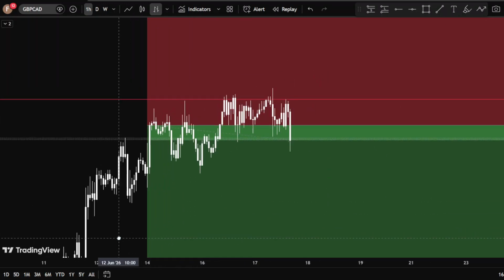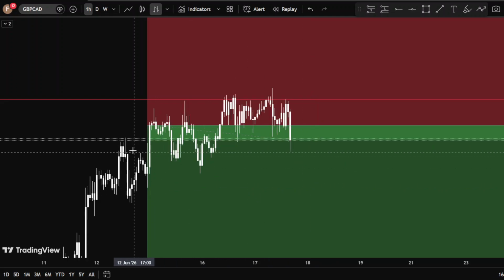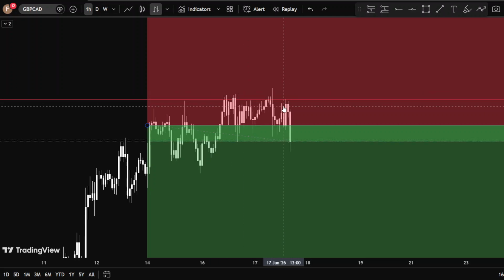You don't really have to overthink it. I don't overthink it. The only thing I can see when I come into the hour chart is that it starts to slow down. It doesn't really want to go up as easily anymore. You have some wicks here. Whatever, you don't have to overthink this.